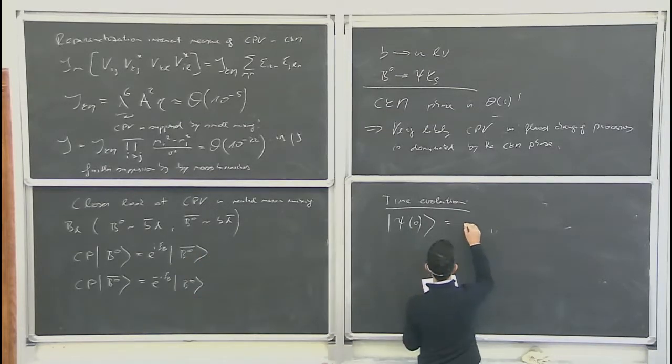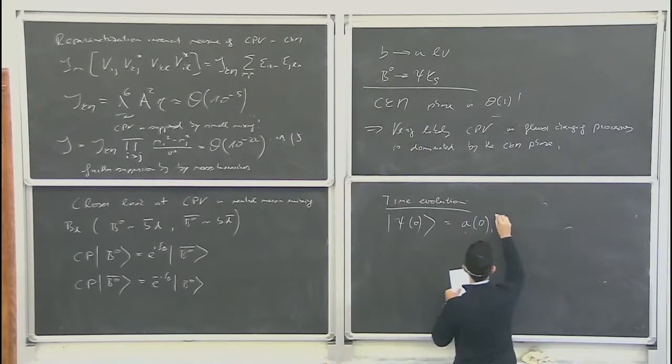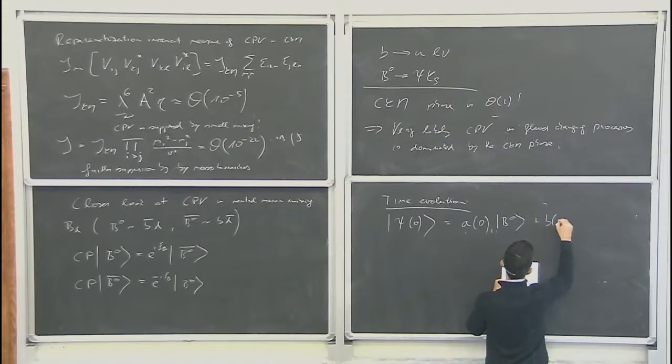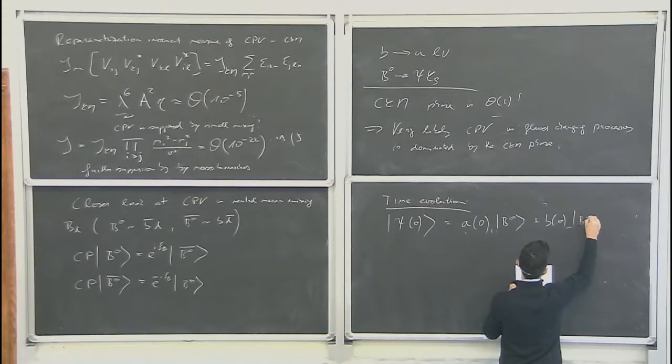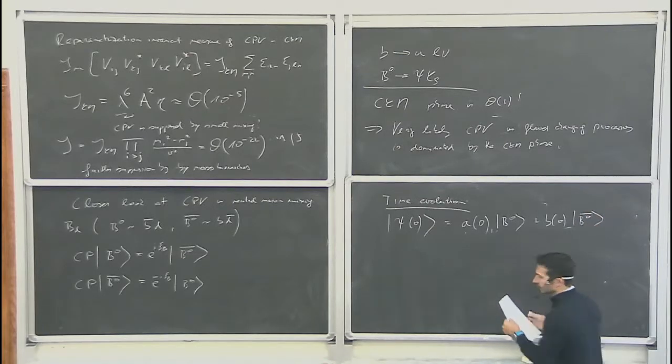So I can parameterize this state with some coefficients A of 0 times the B0 state plus B of 0 times the B0 bar state.